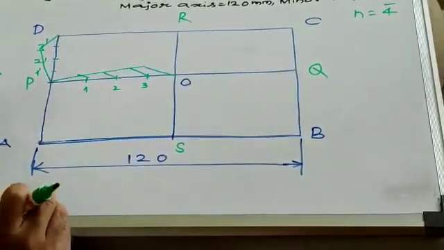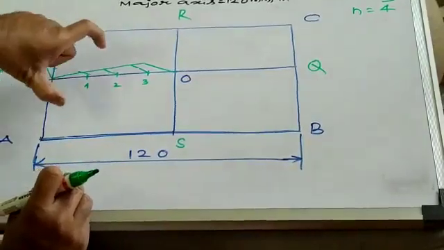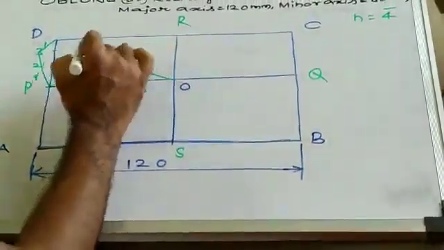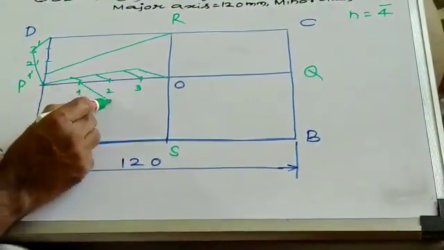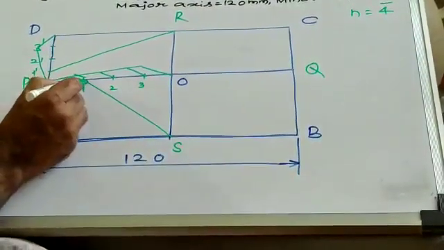Now, it is going to be considerable observation. R1 dash, S1 line is going to be joined.